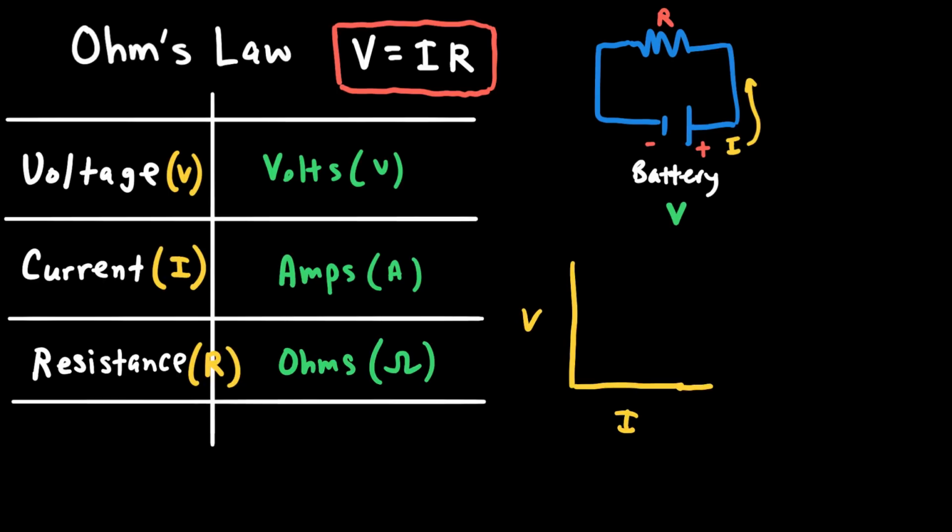What Ohm's law really tells us when we write V equals IR is that as I'm varying that voltage, and therefore the current, I get a constant slope on this graph. That constant slope represents the constant resistance provided by that resistor.